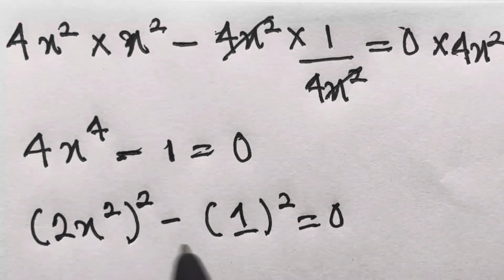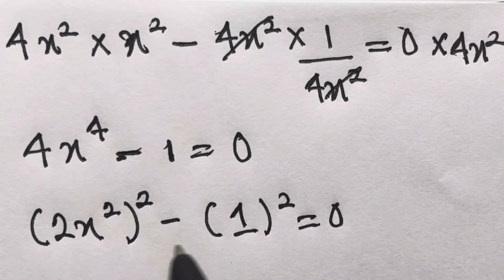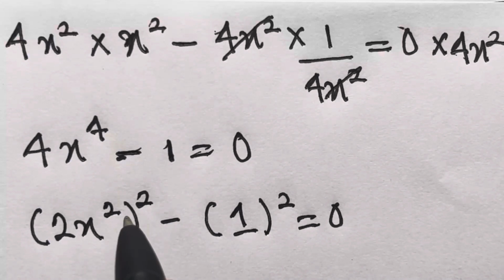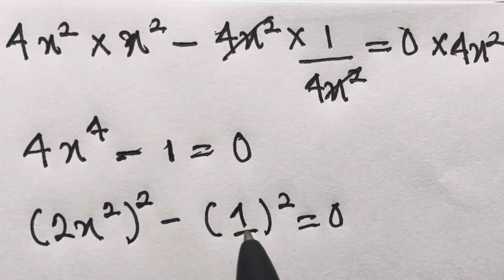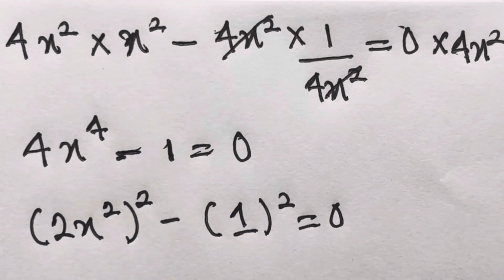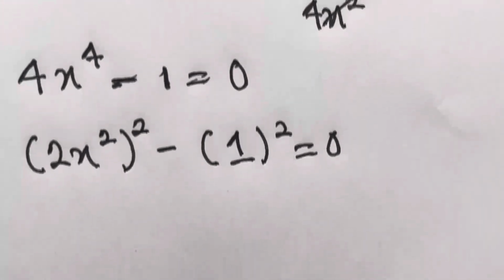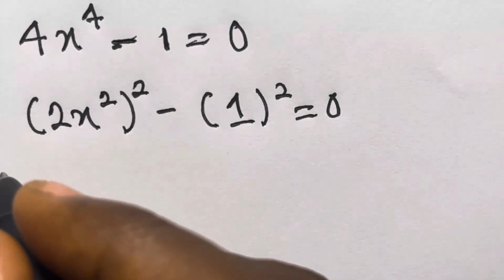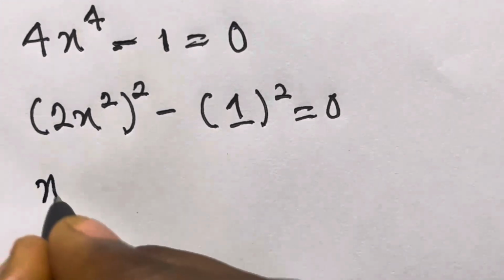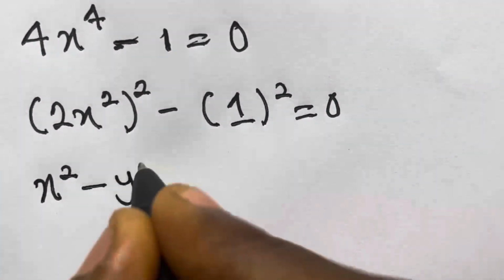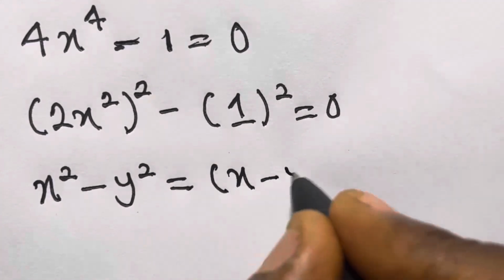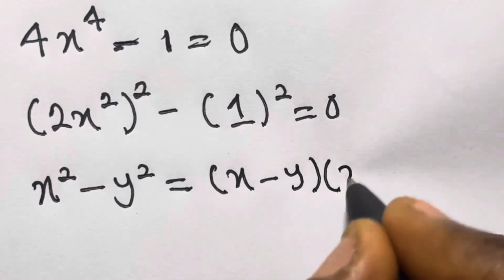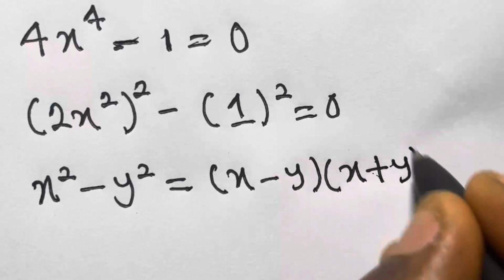You just want to express it in the form of a difference of two squares, and you know that (2x squared) raised to the power 2 will give us 4x raised to the power 4, minus 1 squared will give us 1. So from here we recall that the difference of two squares, when we have a squared minus b squared, equals (a minus b)(a plus b).